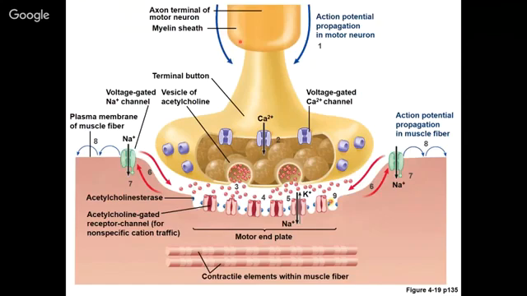Now remember, the myelin sheath covers most of the axon of the motor neuron, but the myelin sheath disappears when you get right to the end of this axon, right to the terminal, because obviously the myelin would block any flow of ions out of the synapse. So basically your action potential arrives at this terminal button, okay?